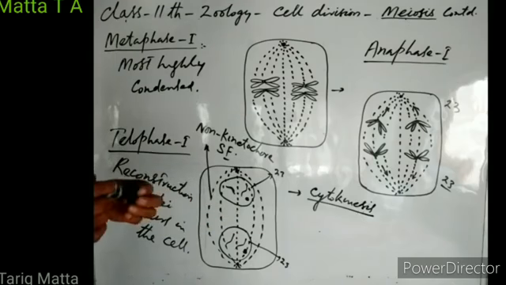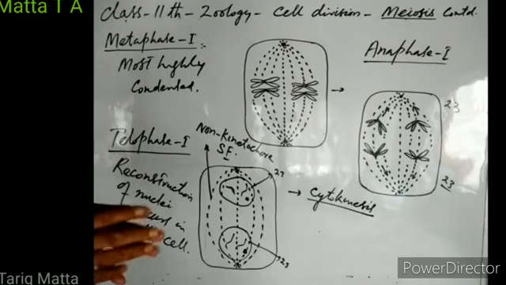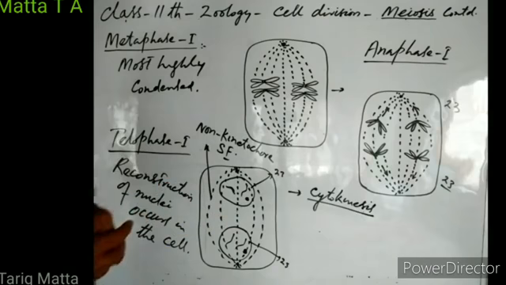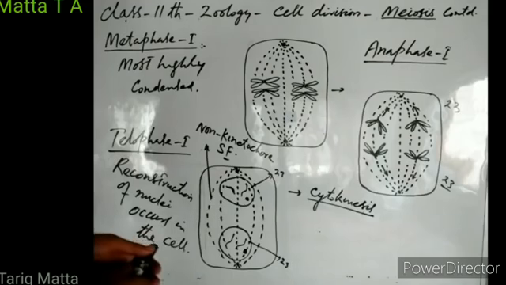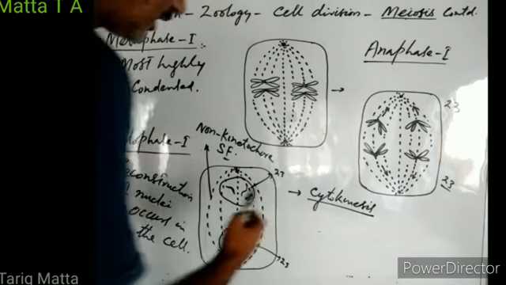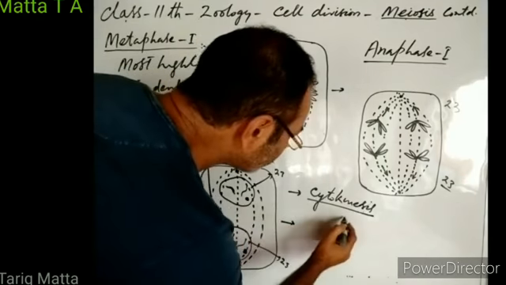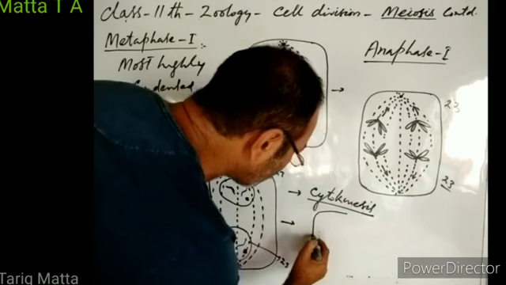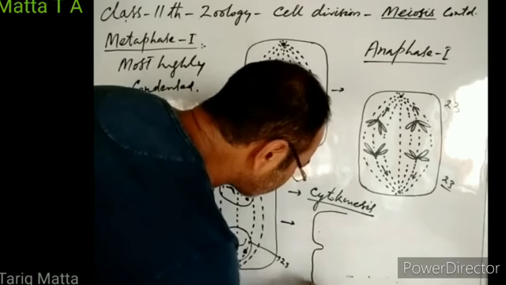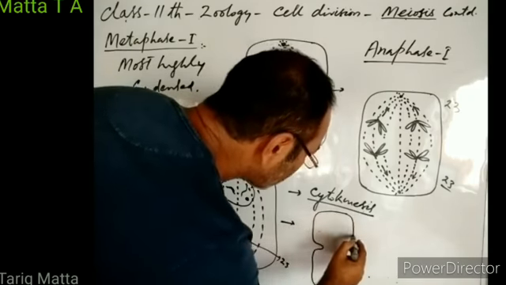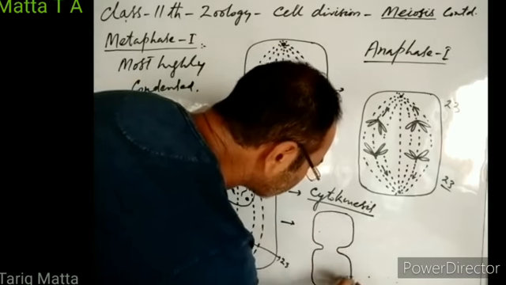Now this cell, which has passed the telophase I stage, will divide into two daughter cells. How will the cell divide into two daughter cells? This cell will now develop a cleavage furrow in the middle.